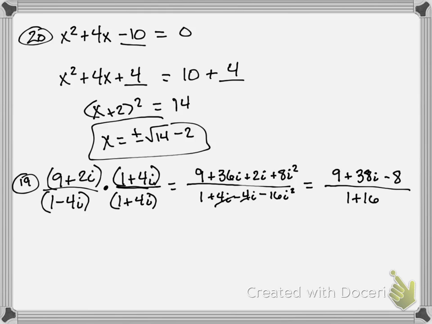Right? 16 times negative 1 is a positive 16. So this turns into what? 9 minus 8 is 1. So 38i plus 1 over 17. Okay? And we got one more.